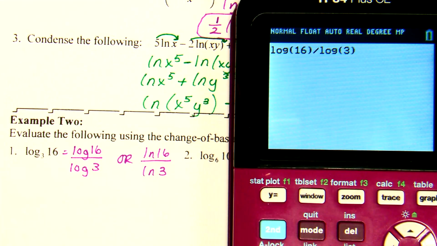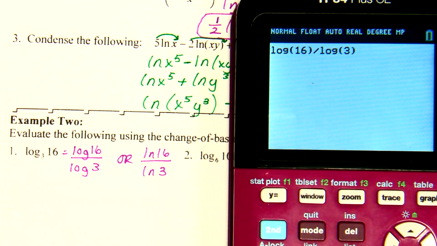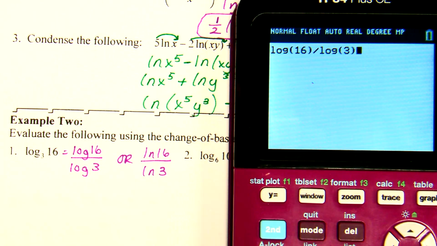And if you're curious, try it both ways. Because if it's possible both ways, we're hoping we get the same answer, right? Are you getting something? What'd you guys hit?